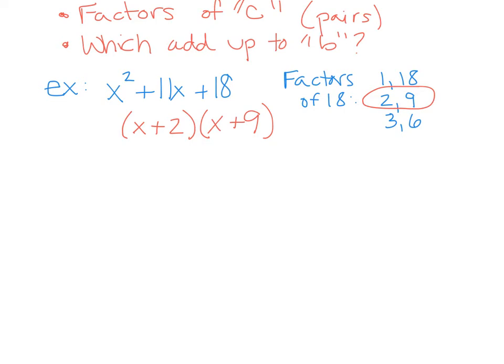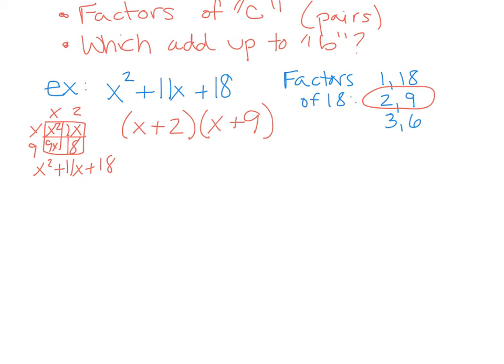We can check this by multiplying out or making our little box: x, 2, x, 9, we've got x squared, 2x, 9x, and 18. x squared plus 11x plus 18. It's a quick way to check and make sure you have it correct.